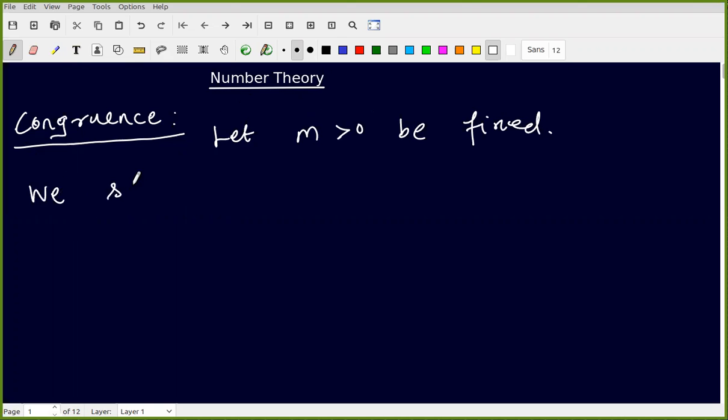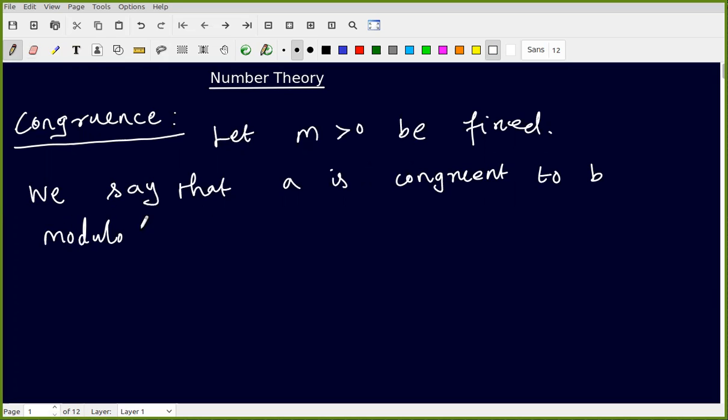And we say that a is congruent to b modulo m if a minus b is divisible by m.